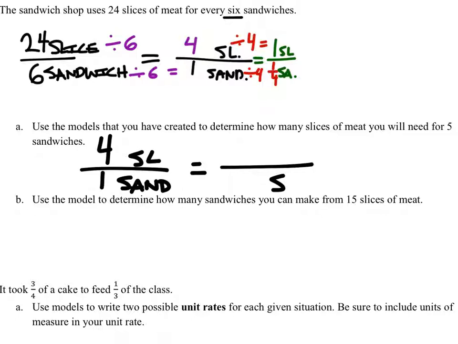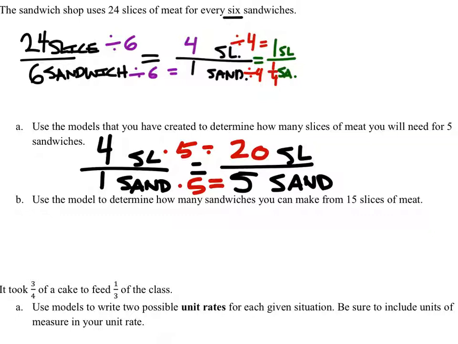No, yeah, I'm sorry. Yeah, we'll use 4 slices for 1 sandwich because we know that it's going to be 5 sandwiches. See, and that makes it a lot easier to scale this one. I just multiplied by 5 to get my 5 sandwiches. So 4 times 5, how many slices? 20. 20 slices.